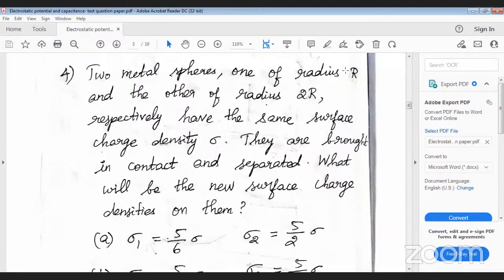For that, first of all, I am going to open the whiteboard and share the whiteboard with you. So now I have opened the whiteboard. We are going to discuss the solution now. We have two spheres.